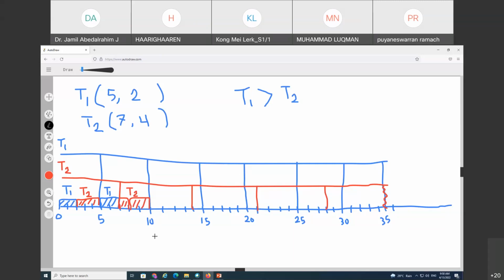Then start with task 1. How many units? 2 units. Okay, then there are 2 units remaining of task 2. So we execute 2 units here. Yes.